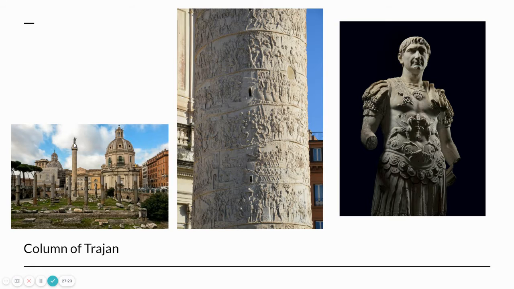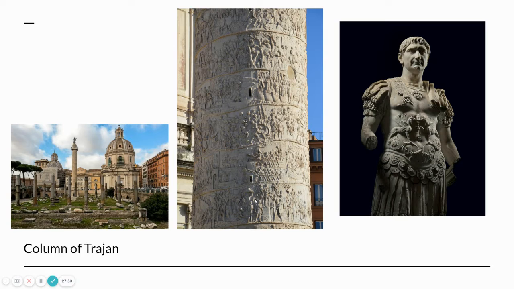But within the complex, there is this freestanding column, and that's just what we're going to focus on right now. But again, it's kind of hard to distinguish because this complex is in a state of ruins, and so it's hard to understand what was what. So right here, this tall column is the Column of Trajan.